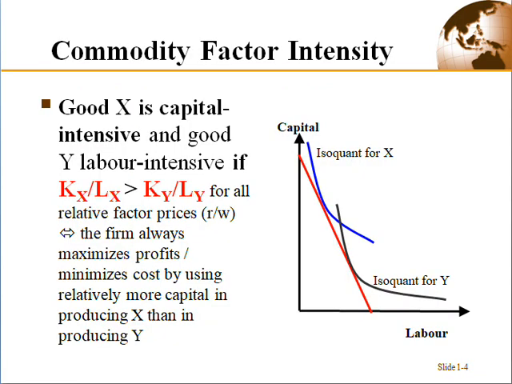Now, if you remember the theory of microeconomics, isoquants, and you consider this graph, the country that has the isoquant for x here is considered to be capital intensive compared to the country with isoquant for y here, which is considered to be labor intensive, and that is what all of this diagram is trying to explain.